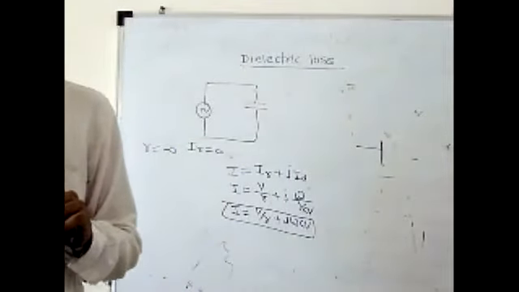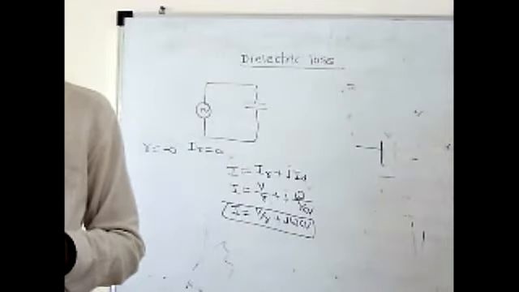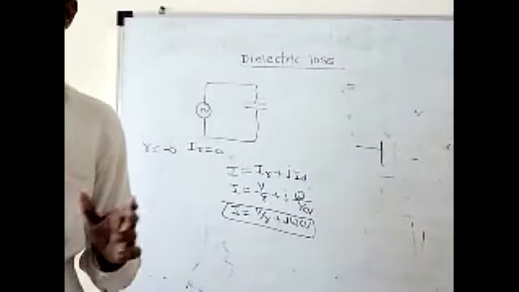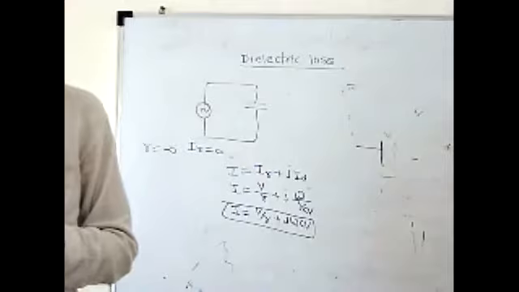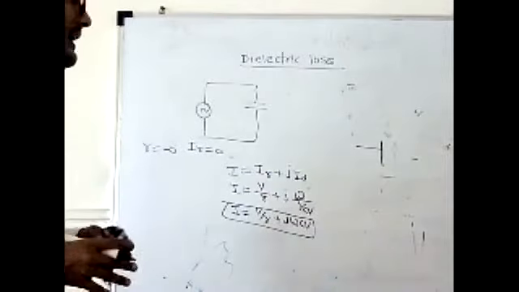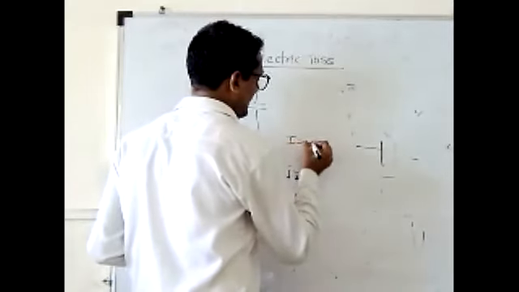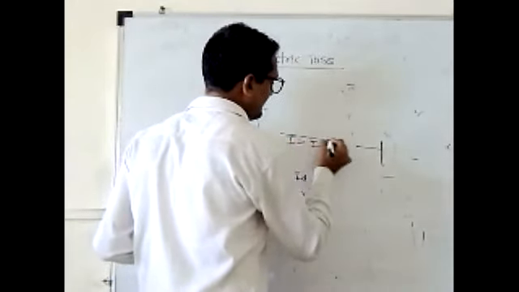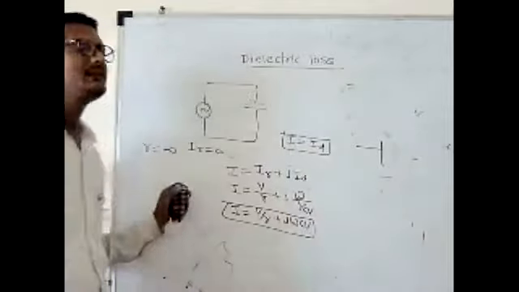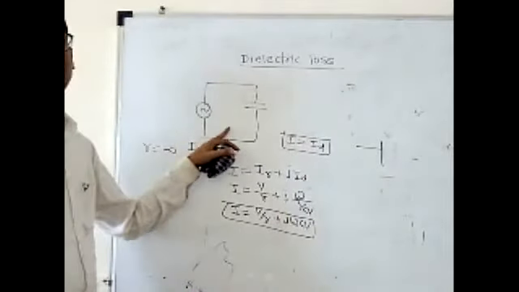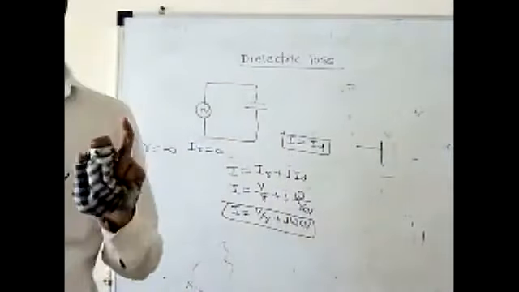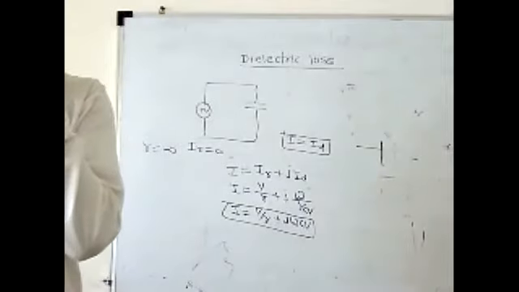So it won't absorb any dielectric energy, and hence the resultant current is I equals ID in case of an ideal circuit.